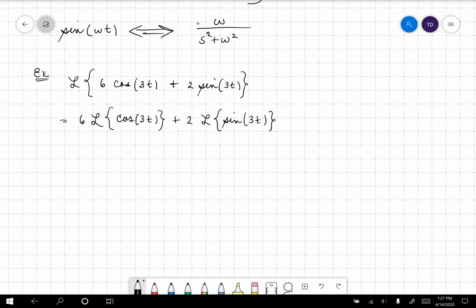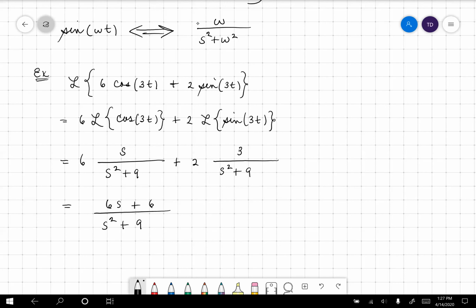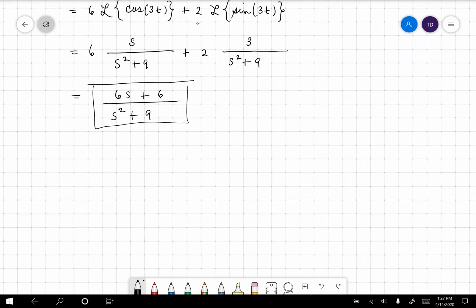And now let's just plug and chug. 6 times s over s squared plus 9 plus 2 times omega 3 over s squared plus 9. Interesting. Equals 6s plus 6 over s squared plus 9. Okay, that was very cool.